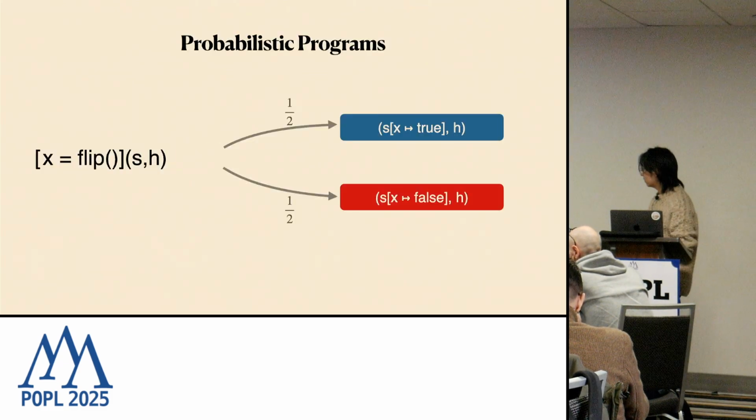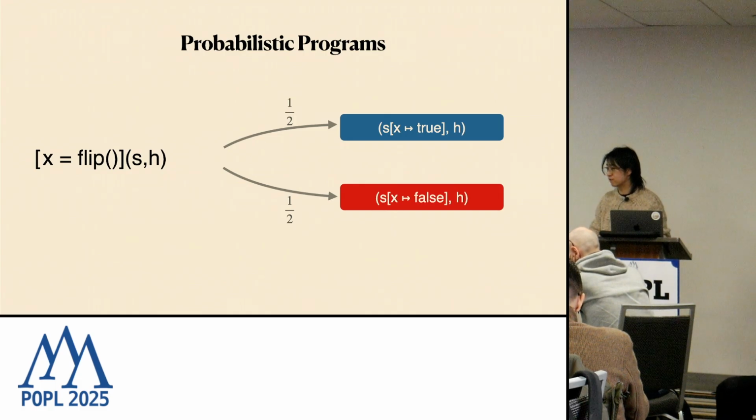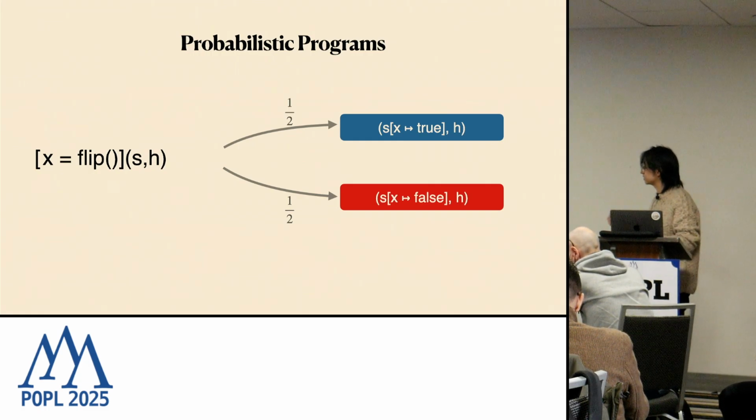One of the first promises we made with regard to outcome logics is that it can generalize over branching effects. That means programs that exhibit probabilistic branching. So take, for example, this very simple program of a fair coin flip. How would we go about representing the results of running this program? Well, we know that this program branches into two outcomes, each of which occurs with a probability of 1/2.